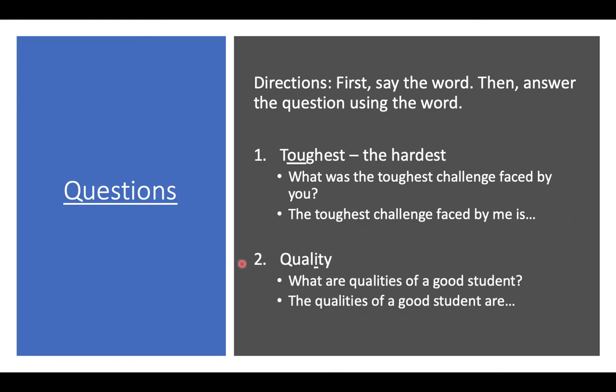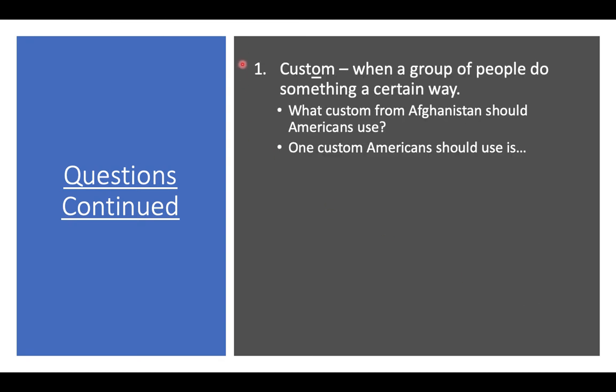Another question is quality. Remember, we went over this word last time, quality. This time I want you to answer, what are qualities of a good student? You might say, the qualities of a good student are, and then tell me your answer. I have two more questions. Custom. Custom is when a group of people do something a certain way.